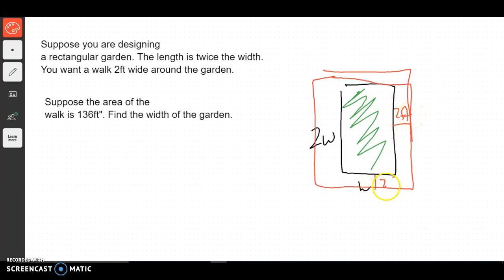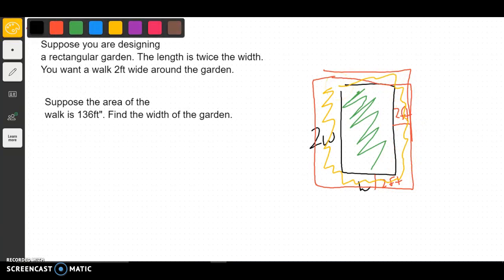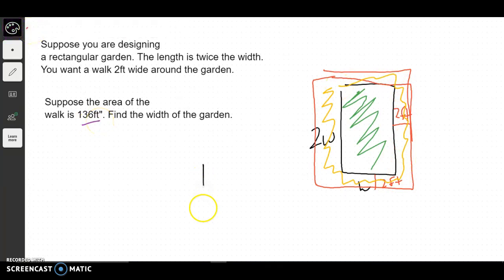So that's 2 feet. The sidewalk gives you an extra 2 feet of width. And we know that the entire sidewalk, if you take this right in here in yellow, that entire sidewalk is going to be 136 feet. So let me try to draw this a little bit better again to make it a little less messy.